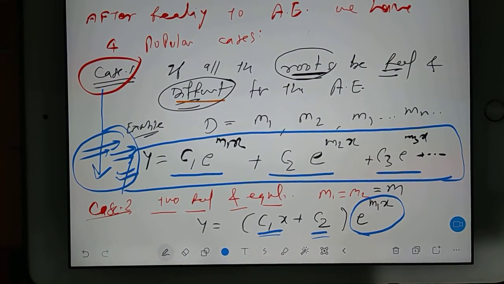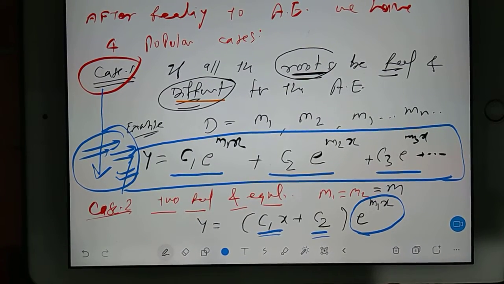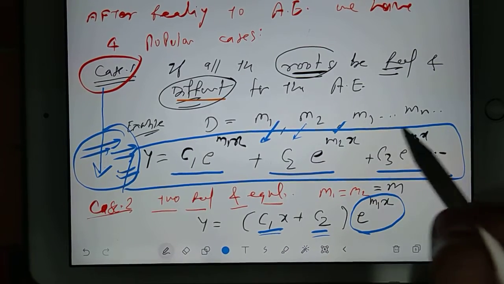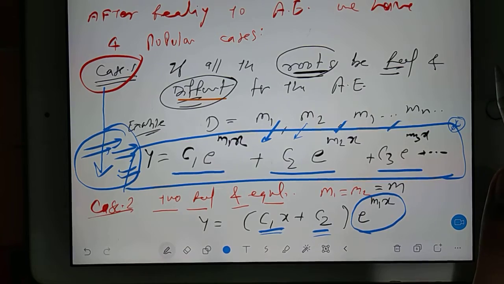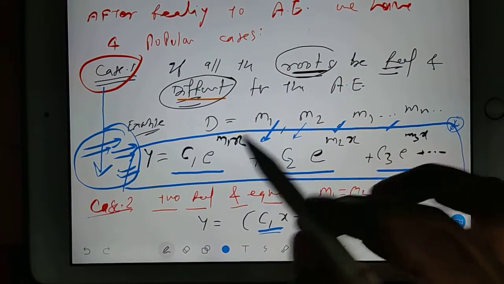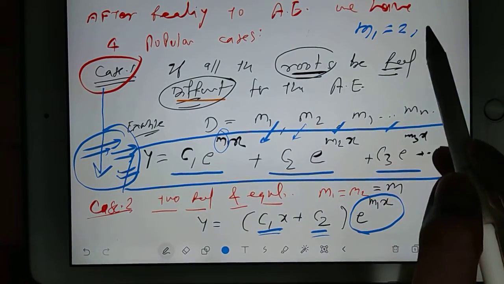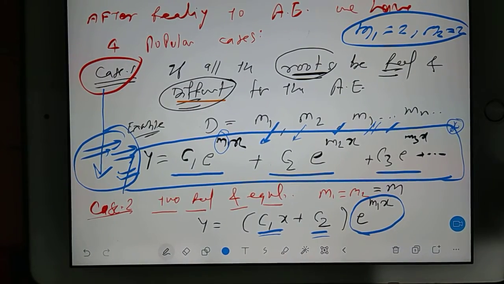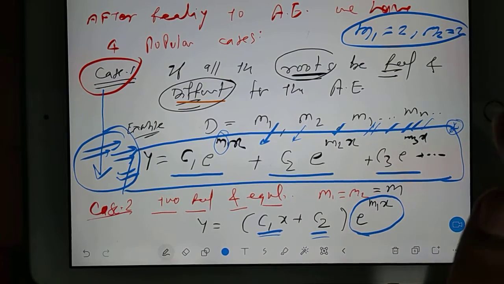Because m1 may be different for you, but if you put m1 equal to 2, m2 equal to 2, that time also this will hold good. And suppose m3 is equal to 2, that time also it will hold good. Vedant, am I clear from my side?